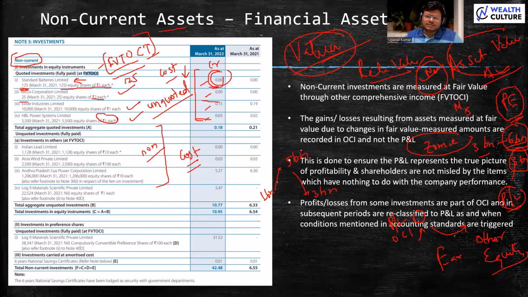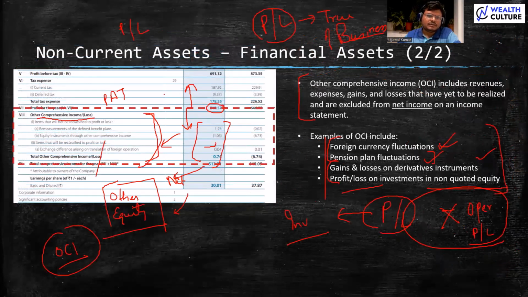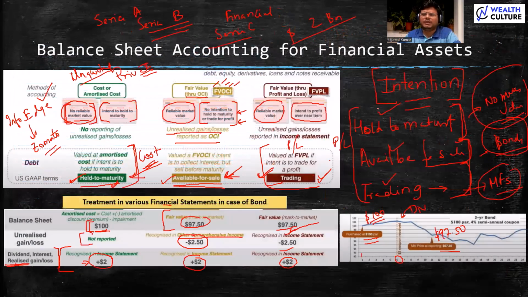So what is this? This is just happening between a group of investors, and that shouldn't affect our P&L. And hence we put it in other comprehensive income, and we take it to the balance sheet. We don't bring it in the P&L. That's essentially the point.